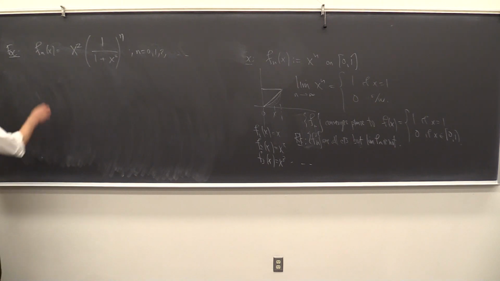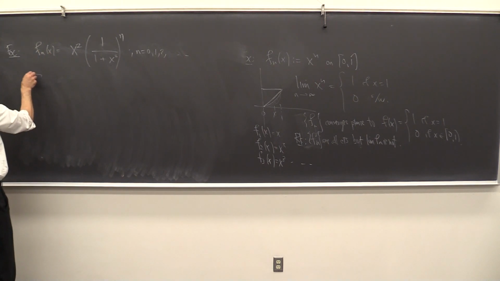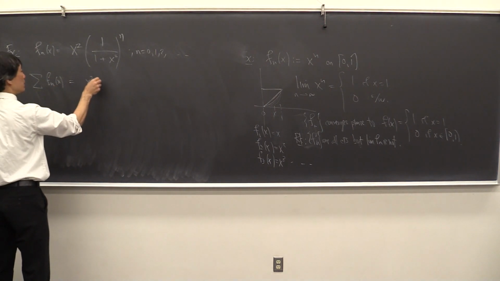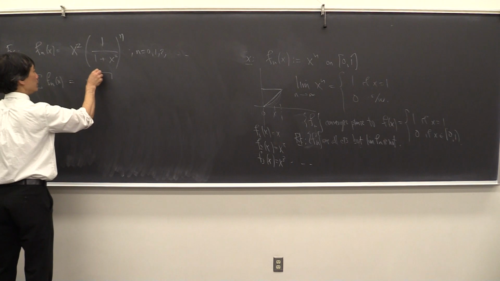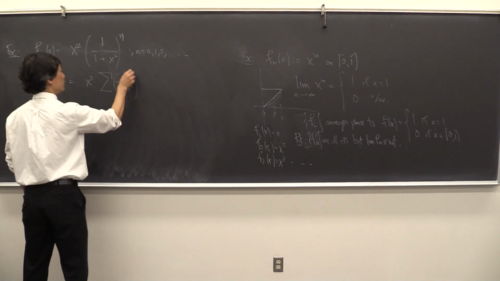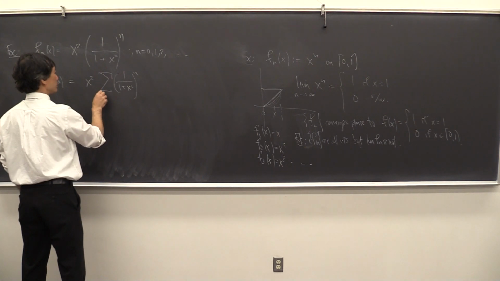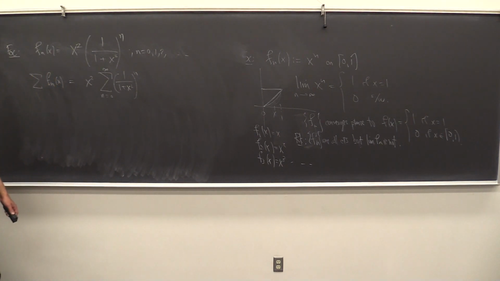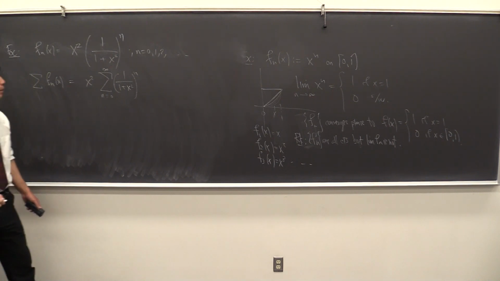Okay. Now let's consider the sum here. Well, that's going to be x squared times the summation of 1 over 1 plus x squared to the n, from 0 to infinity. Okay.